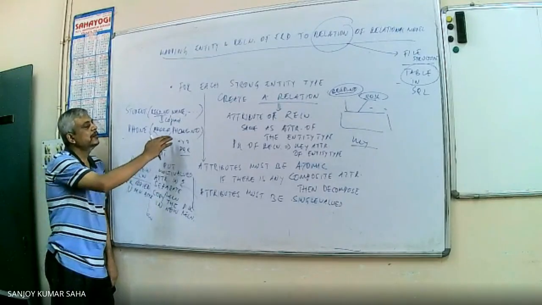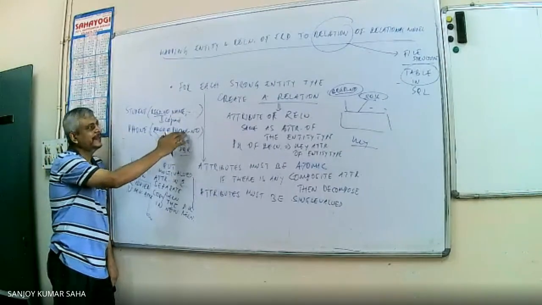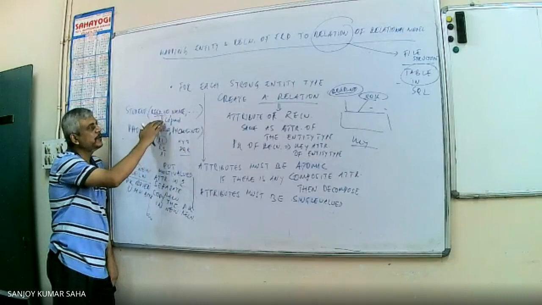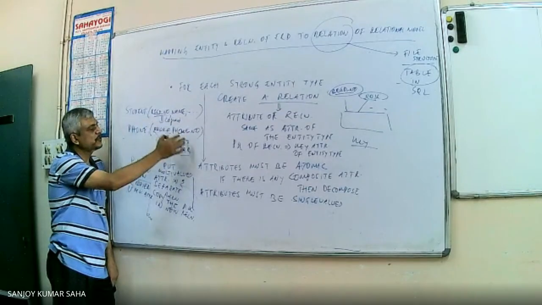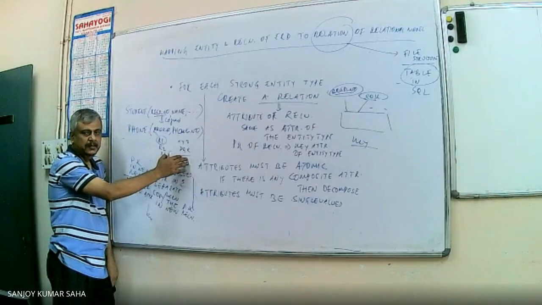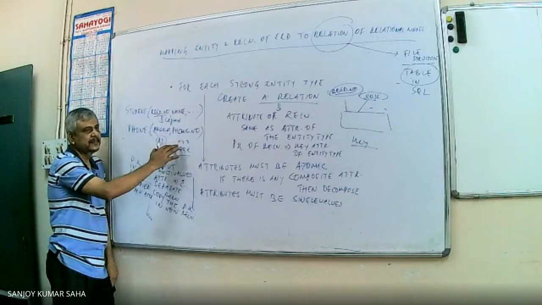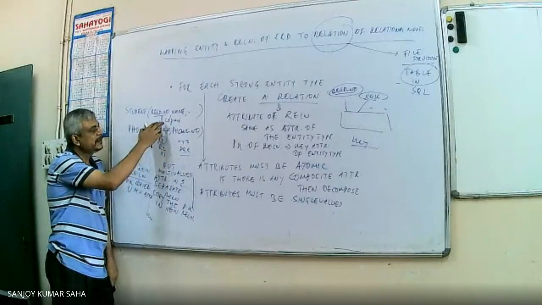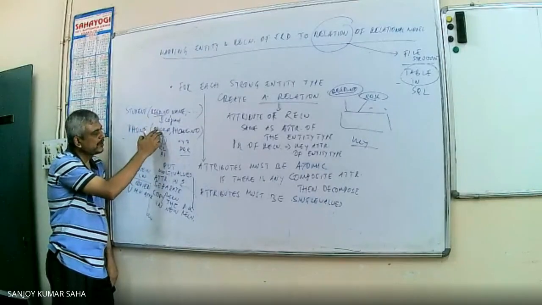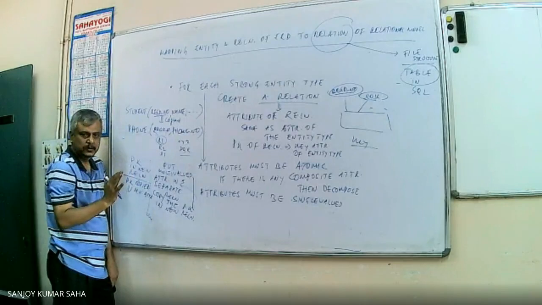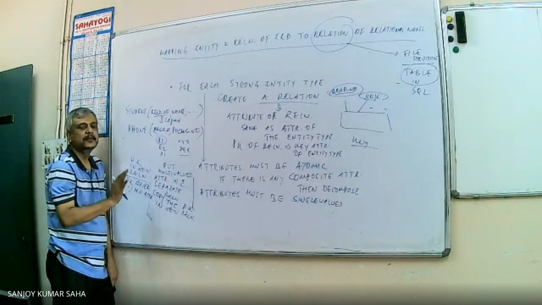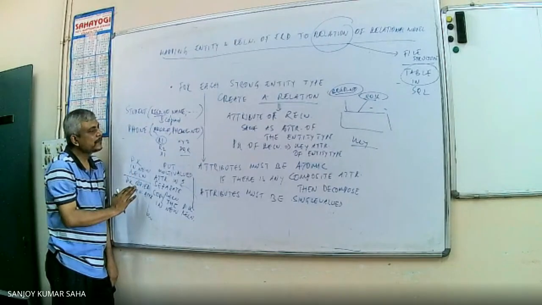If the multi-valued attribute is unique, I mean, if it is not shared between the students, you can consider it. But in the worst case, the primary key will be the copied primary key from the actual relation union the multi-valued attribute. For the time being, let us stick to this.